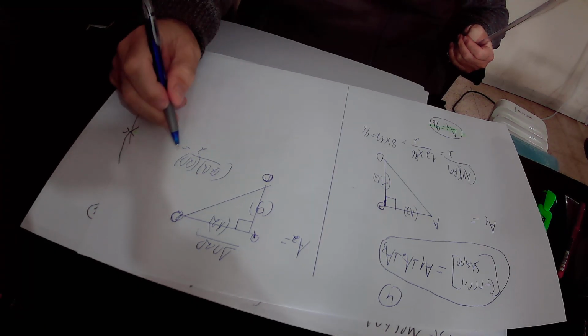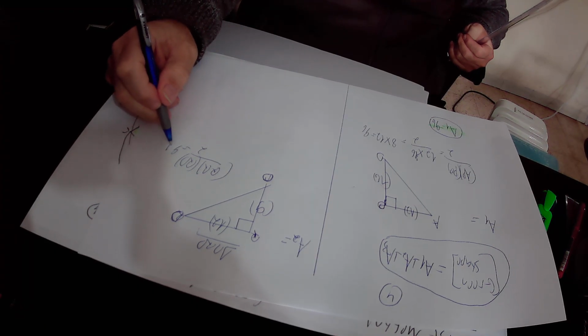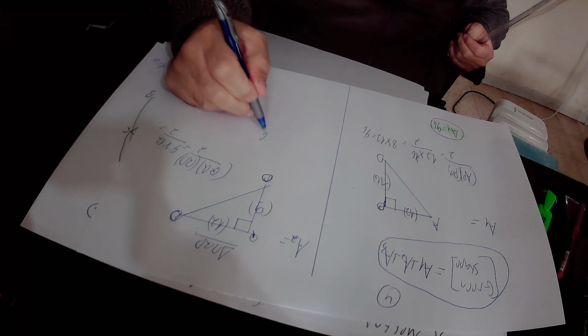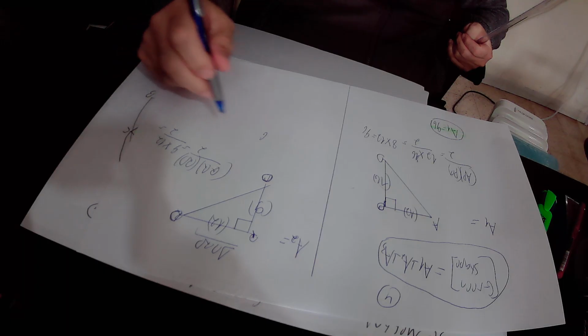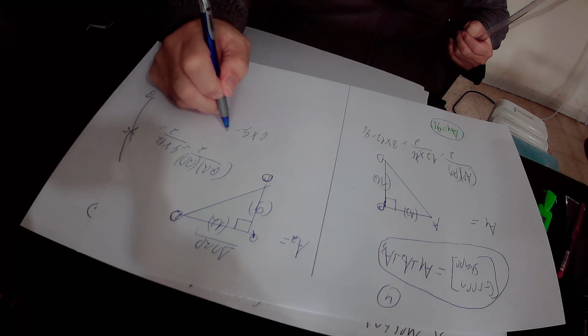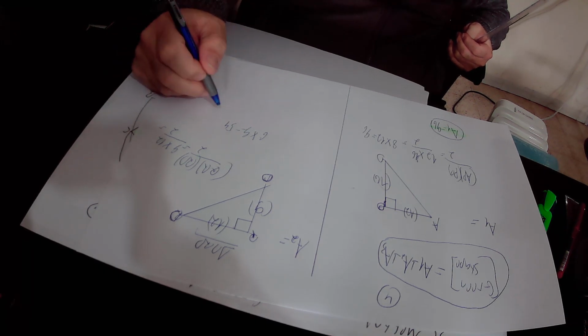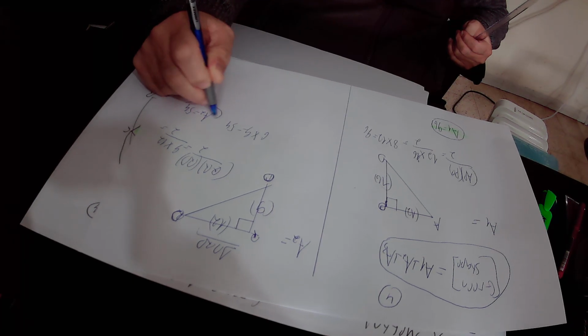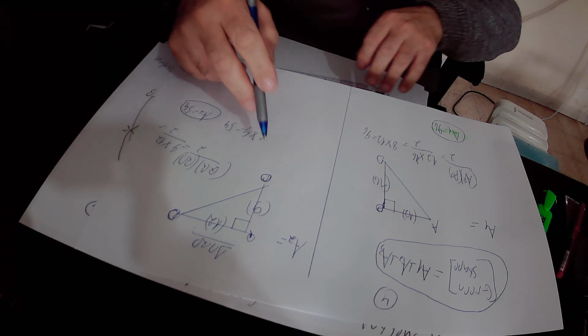OQ is 9 times QD, that is 12 over 2. 12 over 2 is 6, so in total this expression equals 6 times 9, that is 54 square units. So A2 equals 54 square units. That is the area of this right triangle OQD.